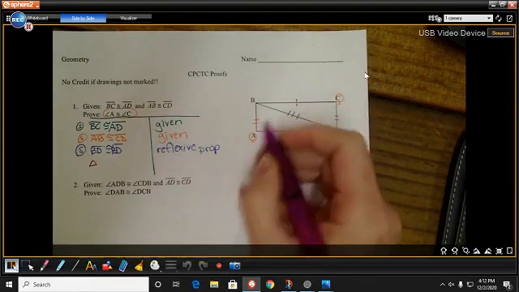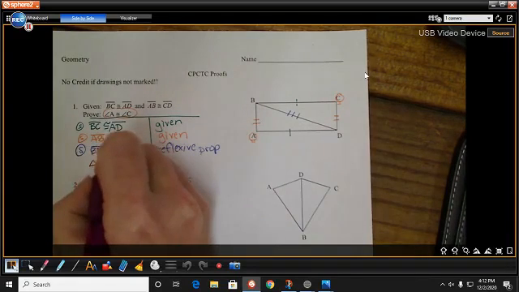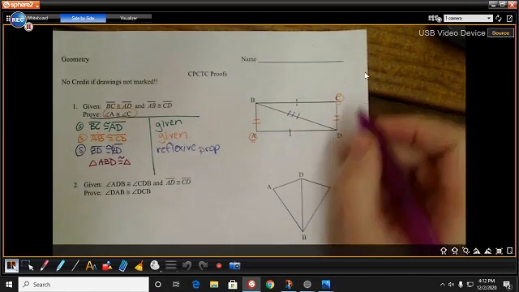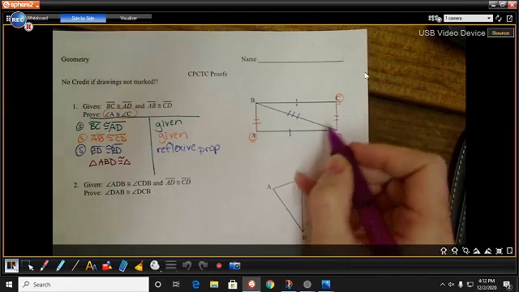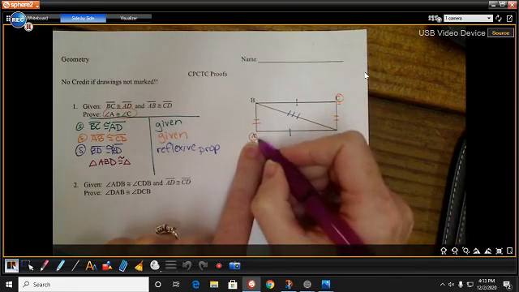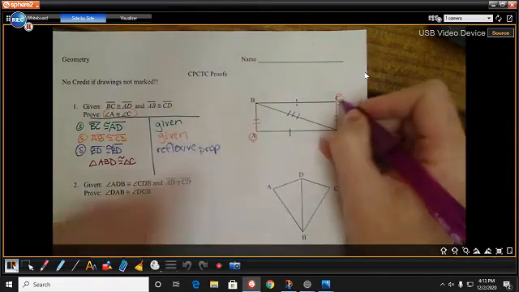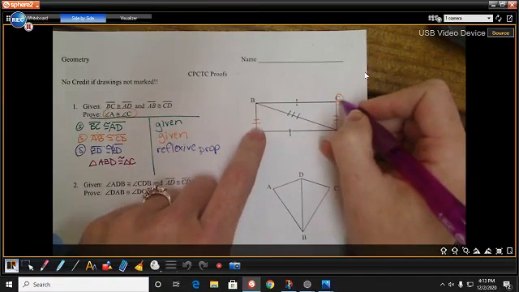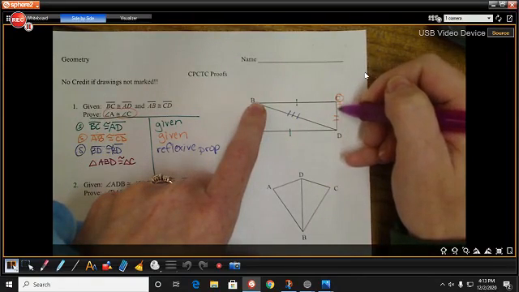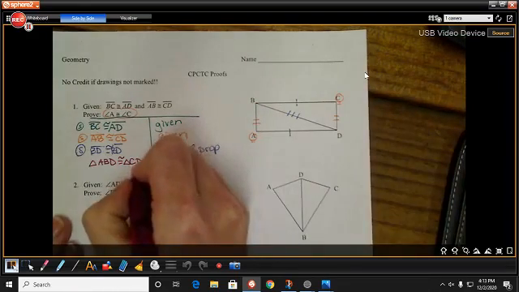But I have to be careful. If I'm going to say that triangle ABD is my first one, then when I name the second triangle, I have to name the letters in the right order. So since I started with angle A, the corresponding part in this one is angle C. So I'd start with angle C. Then I go across this orange 2-mark segment to B. If I go across the 2-marked orange segment here, I end up at D. So it'll be D next.